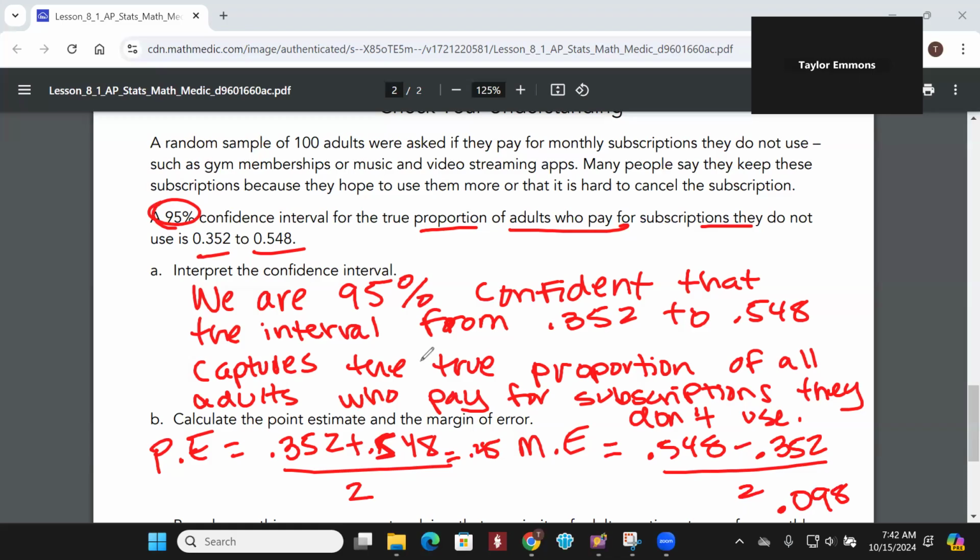So based on this survey, a reporter claims that a majority of adults continue to pay for monthly subscriptions they don't use. Use the confidence interval to evaluate this claim.